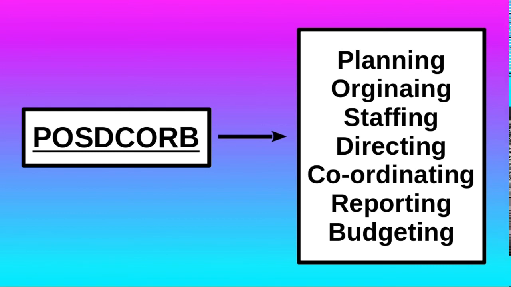After that we'll direct those staff to do this, to do that, etc. After that we'll coordinate with them if they need anything or any help, so we'll keep in coordination with them. After that, report.